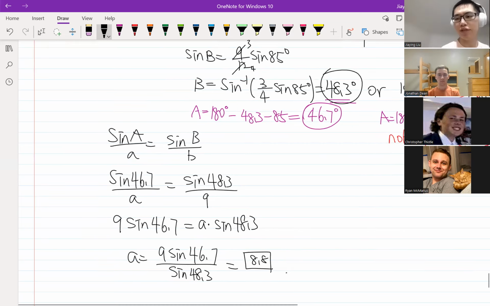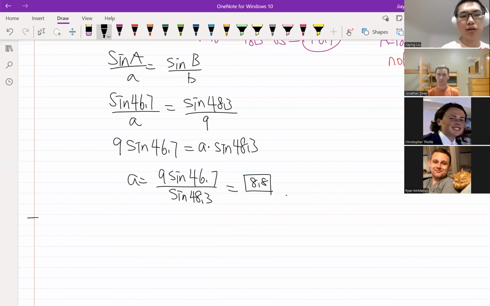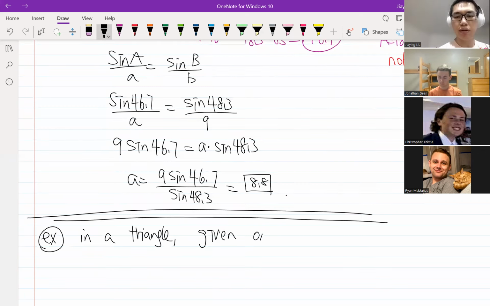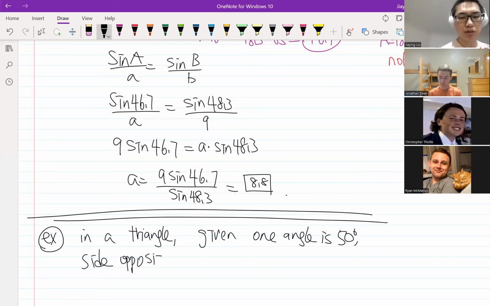I have two more, but I'm going to save the second example for next time. So the next example says, in a triangle, we are given that one angle is 50 degrees, and the side opposite from this angle is 4.